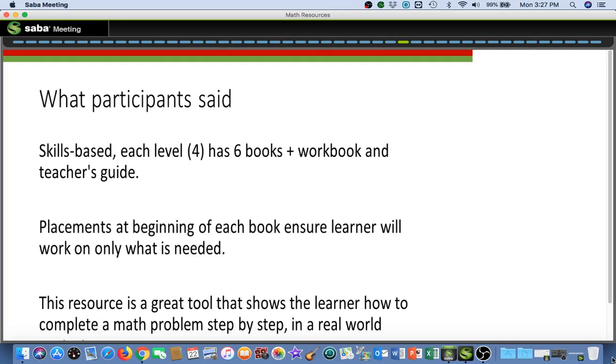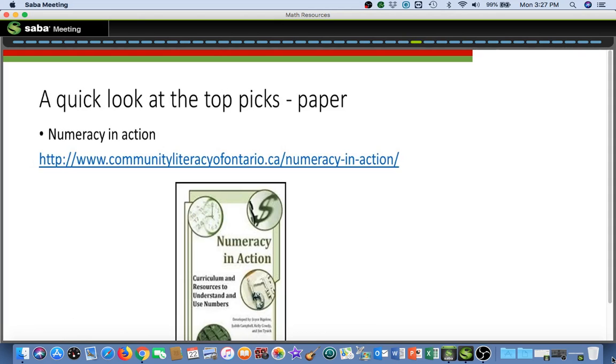There's 6 books and a workbook and a teacher's guide. Step-by-step seems to be the key phrase used to describe this resource. Real world. Good to see. Susan says it's good for people who need to know the how, not so much the why of math, right?